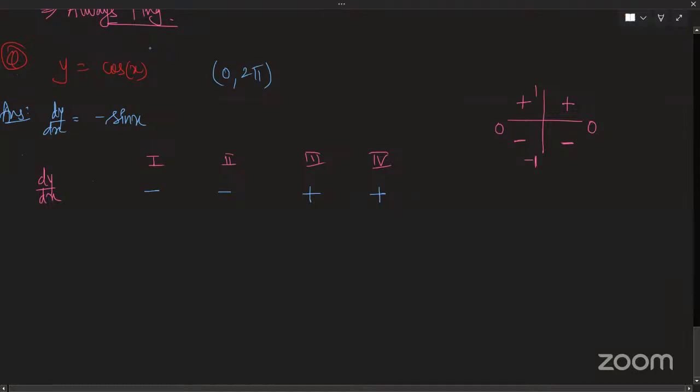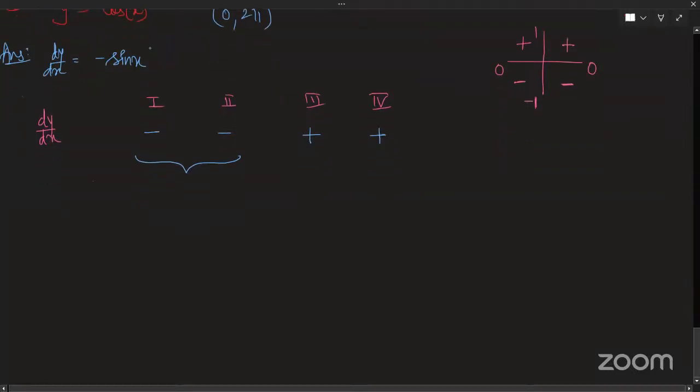So what is happening is in the first two quadrants, what is the range of angle? It is 0 to pi. So between 0 to pi, is my function increasing or decreasing? Decreasing.